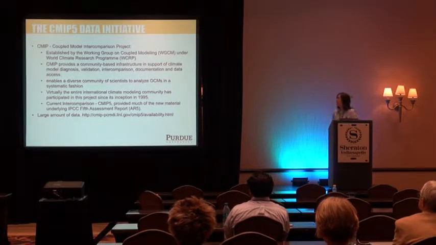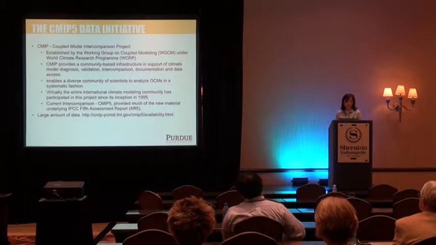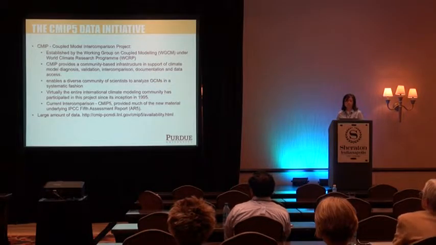CMIP stands for Coupled Model Intercomparison Project. This is a large coordinated effort among the international climate modeling community. The goal is to develop a framework for climate model comparison and diagnosis, validation, as well as data dissemination.